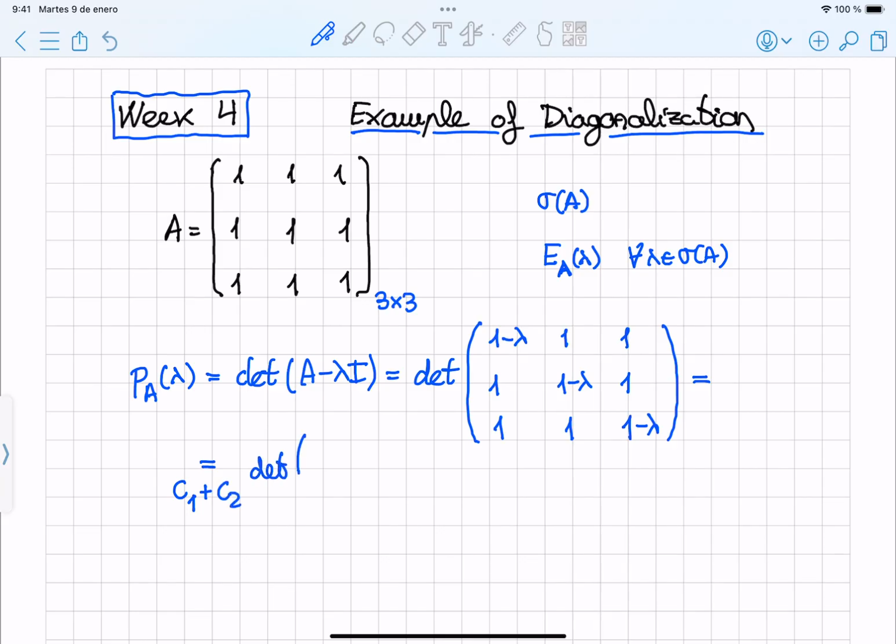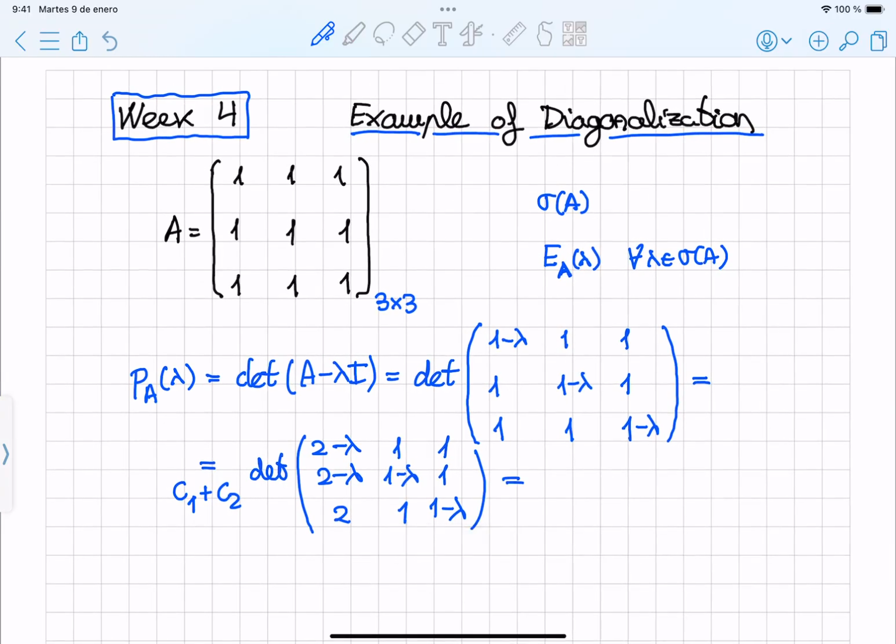Then the determinant is not changing: 2 minus lambda, 2 minus lambda, 2, 1, 1 minus lambda, 1, 1, 1, 1 minus lambda. Now to column 1 I add column 3, and the determinant is the same as 3 minus lambda, 1, 1, 3 minus lambda, 1 minus lambda, 1, and 3 minus lambda, 1, 1 minus lambda.